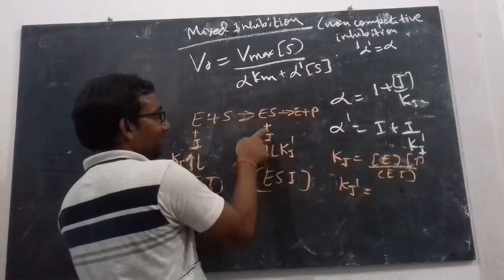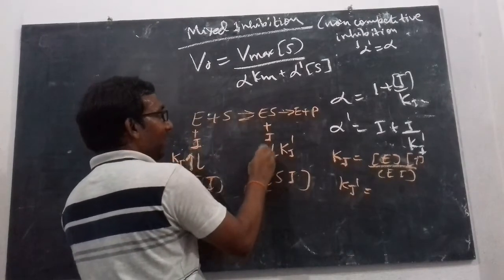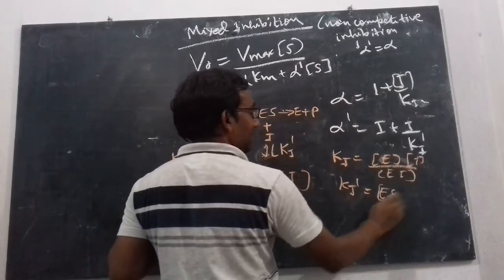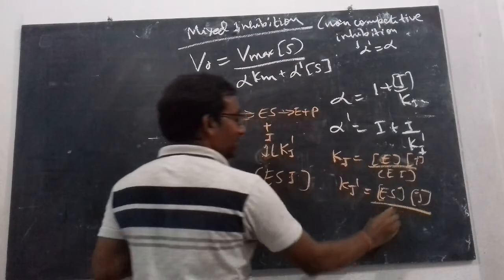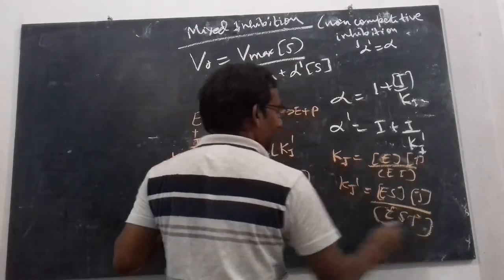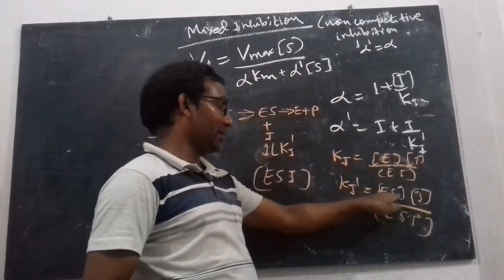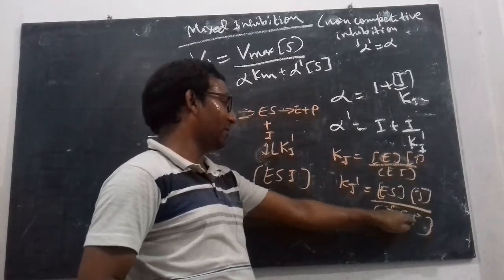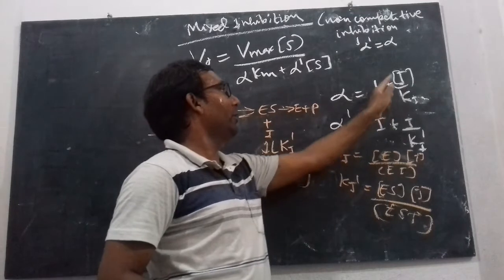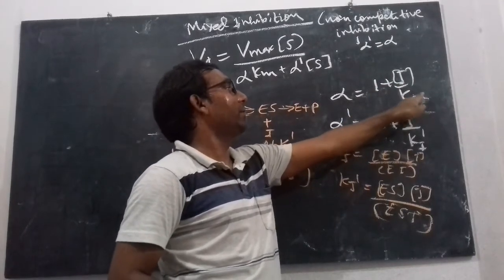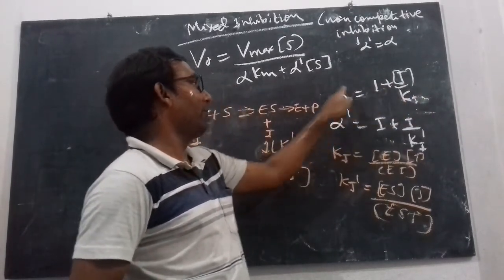Ki dash is defined as enzyme substrate complex times inhibitor divided by the enzyme substrate inhibitor complex. If you know these concentrations, you can find Ki dash, and from Ki dash you can find alpha dash. Similarly, if you know the inhibitor concentration and Ki, you can find the value of alpha.